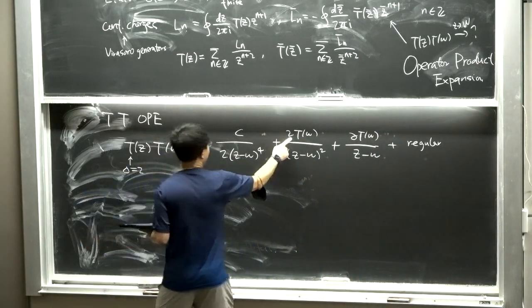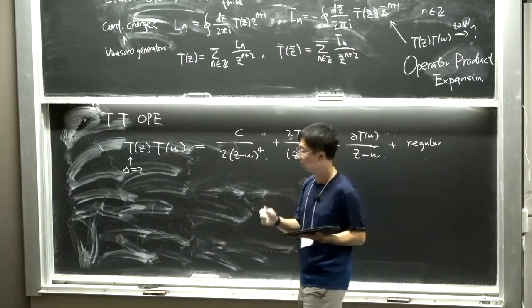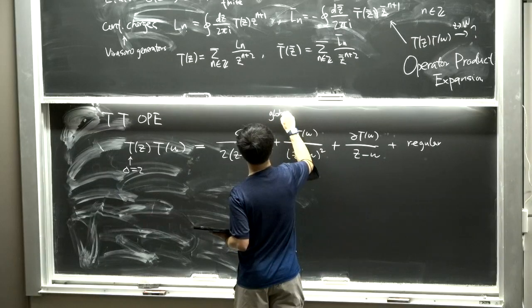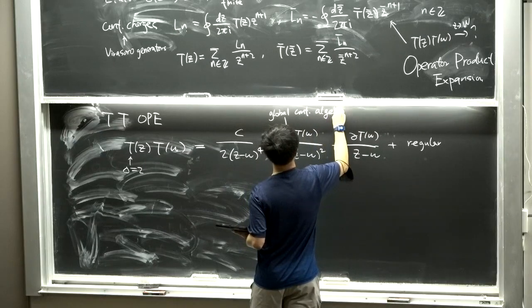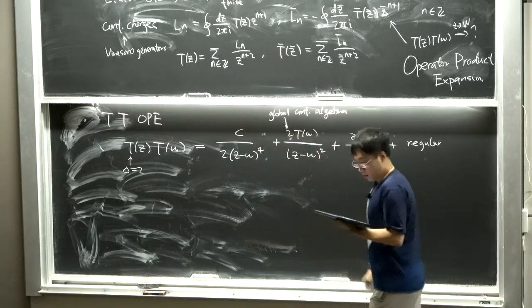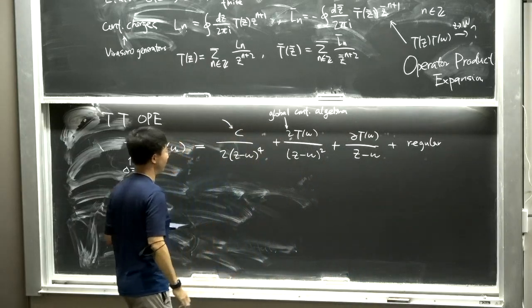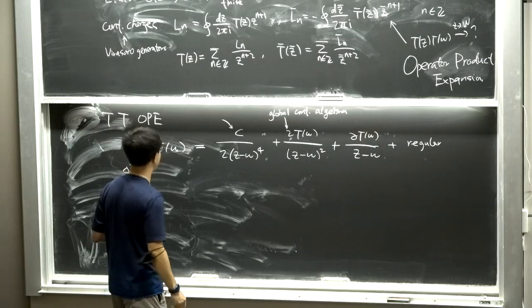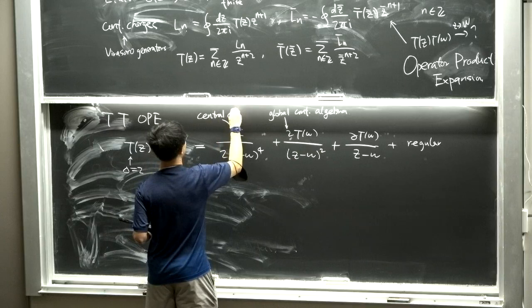And this too is going to be fixed just by studying the global conformal algebra. The C here is something you can write that's consistent with the conditions I mentioned, and this is known as the conformal central charge.